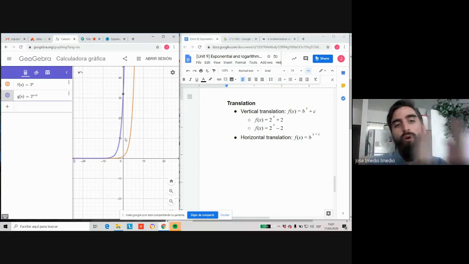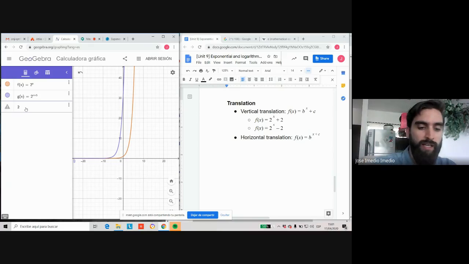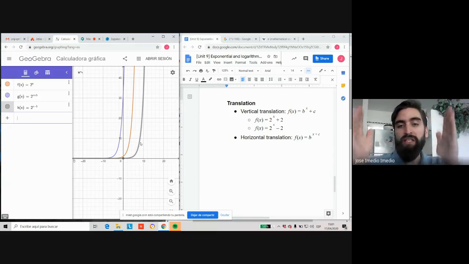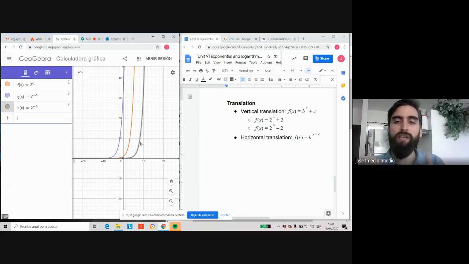It's moving horizontally. I can do it like this, and it moves to the other side. You remember, it's like when we had the quadratic function that we could move horizontally, and up and down and everything. It's a similar concept. You don't need to remember, I'm not asking that this year, that when it's negative it goes to this side, when it's positive to this side.